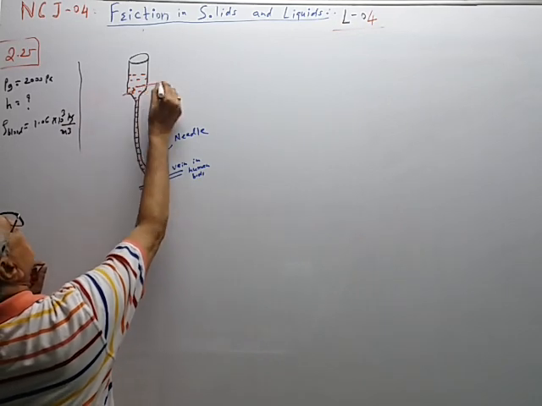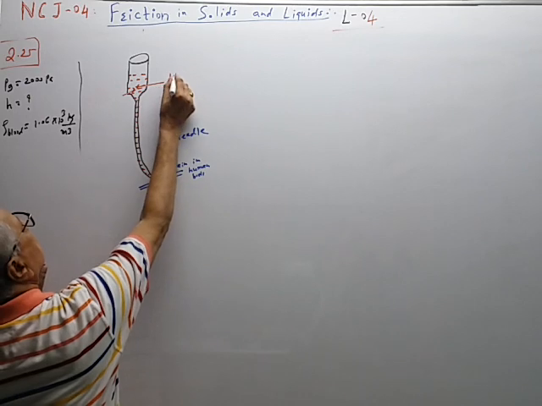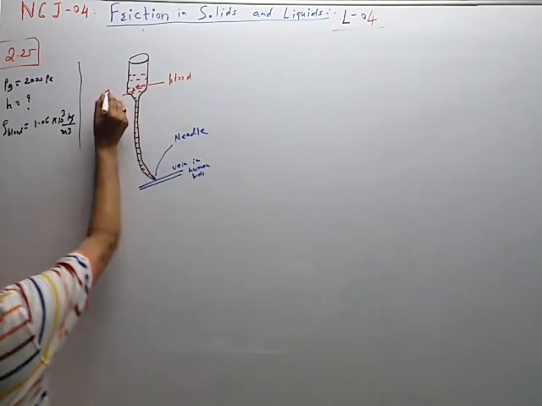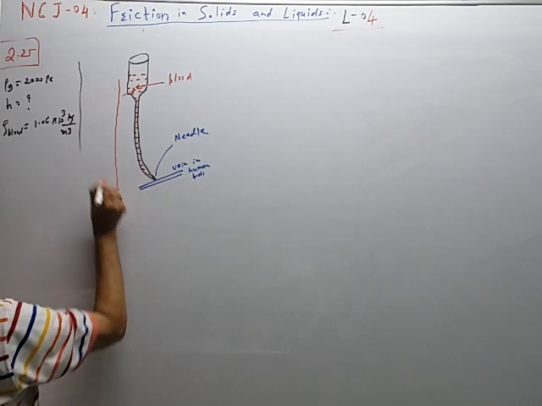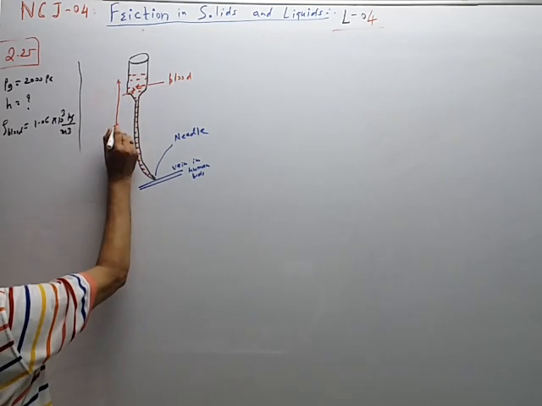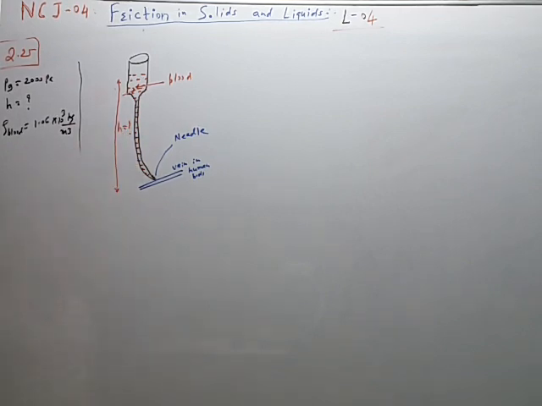I will show you, this is the blood. So this is the height h is equal to question mark. So pressure is equal to h rho g.